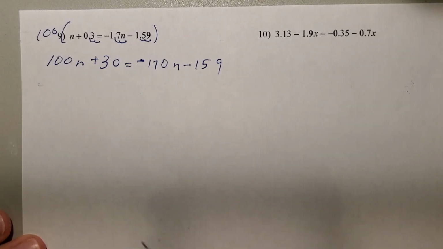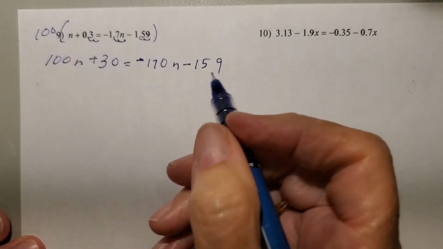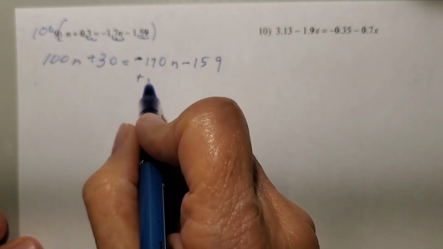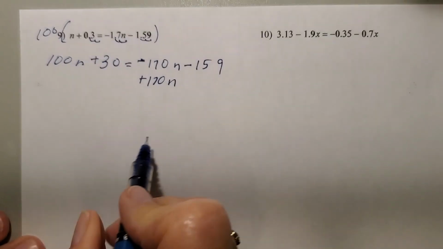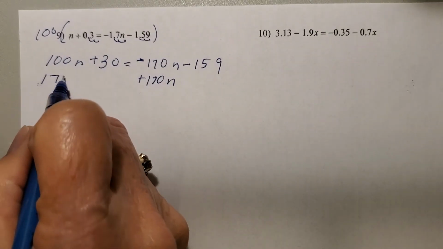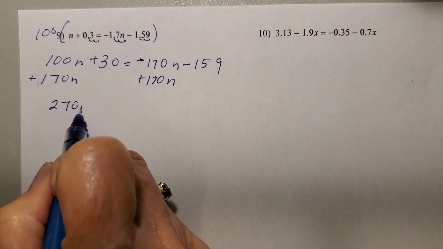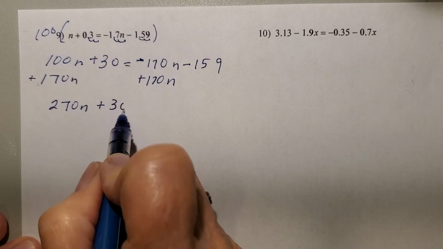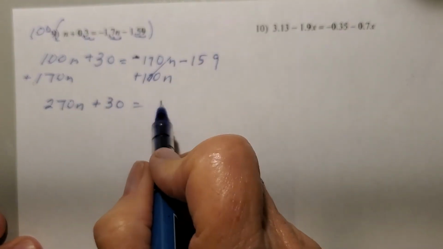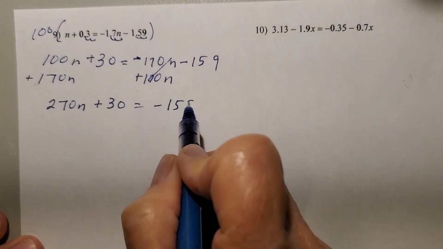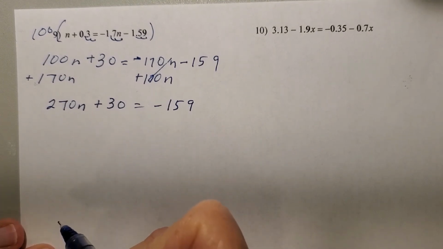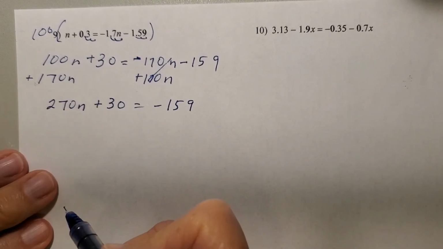Okay. We have variables on both sides, so we need to get them all on one side. So let's add 170n to both sides. So we have 270n plus 30 cancels equals negative 159. Now our variables on one side. Let's solve for n.